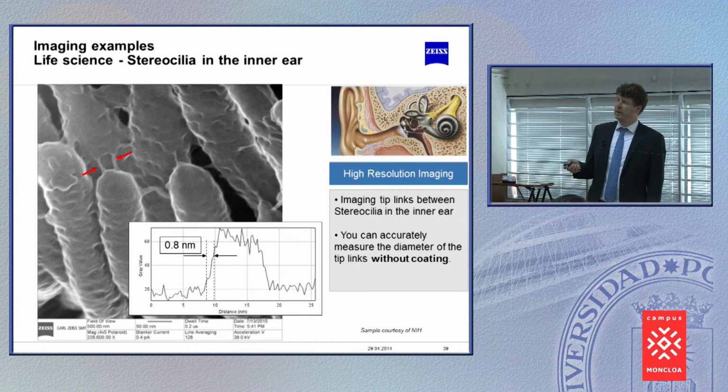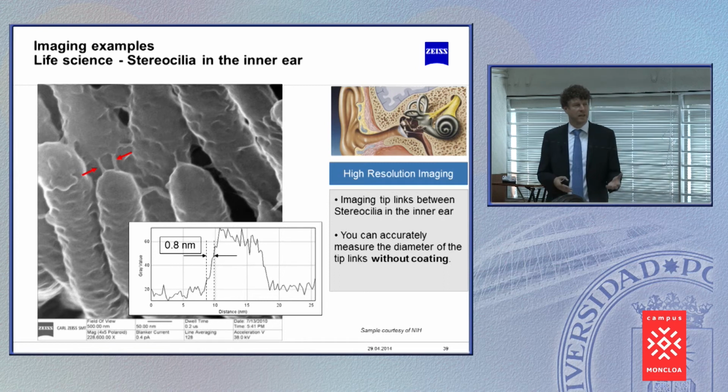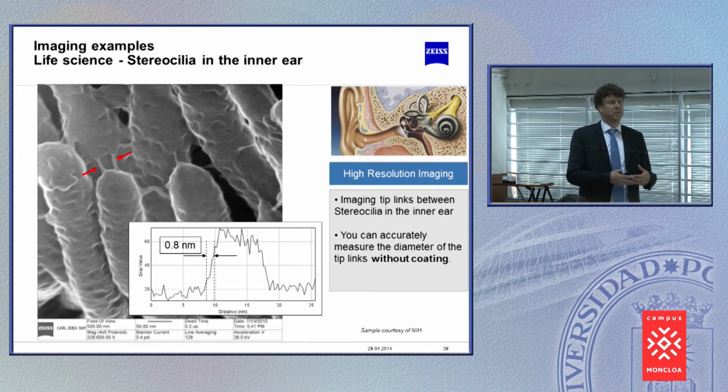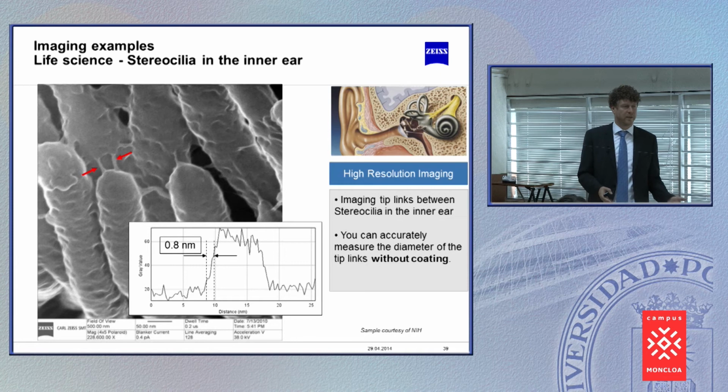The people in the SEM world had real problems making this visible in SEM images, because they have to coat their samples. This coating causes these tip links to break, so they cannot see this. This is an uncoated sample, and you easily see the tip links between these stereocilia.